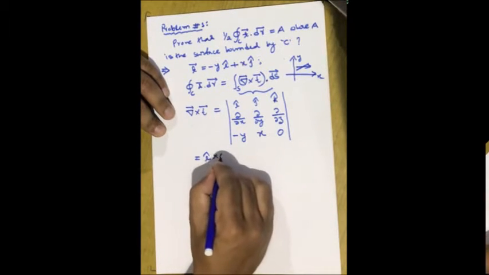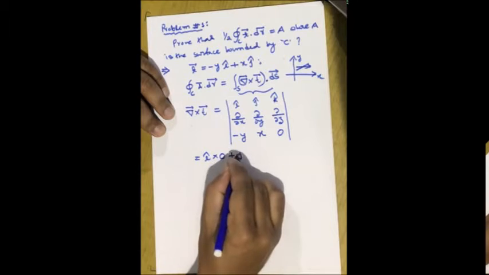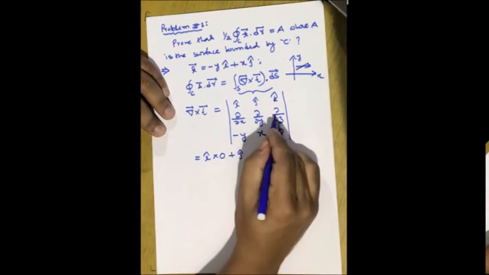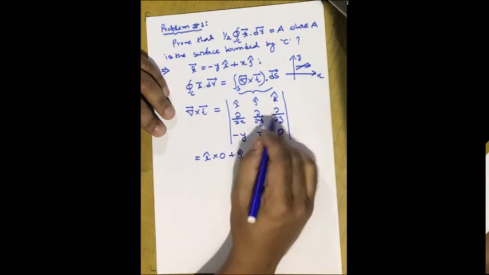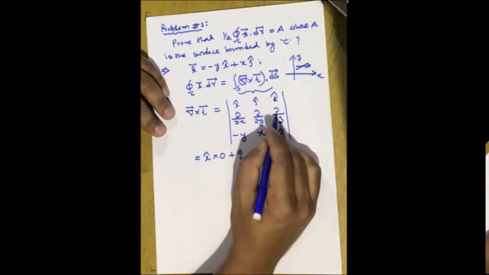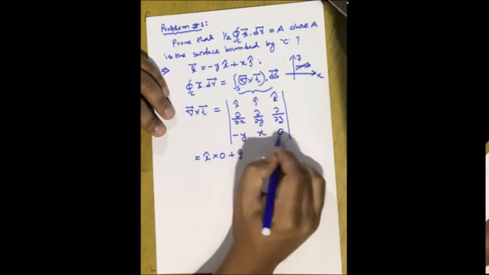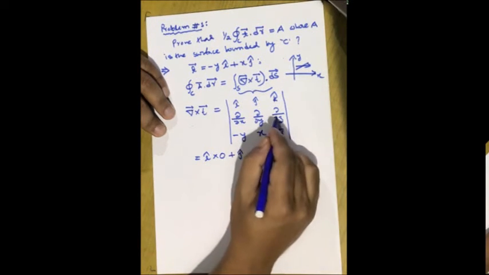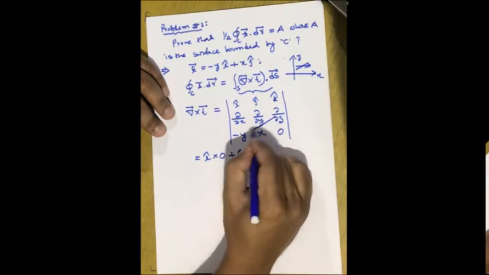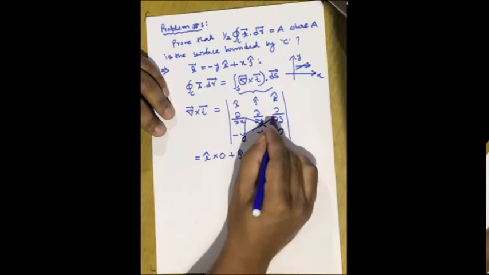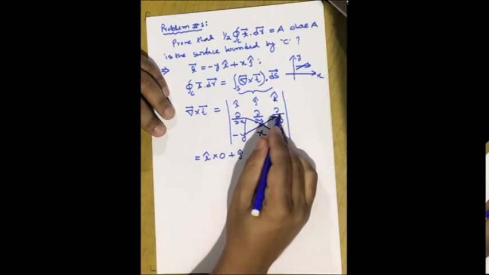The j component is 0 minus 0, since y does not depend on z.